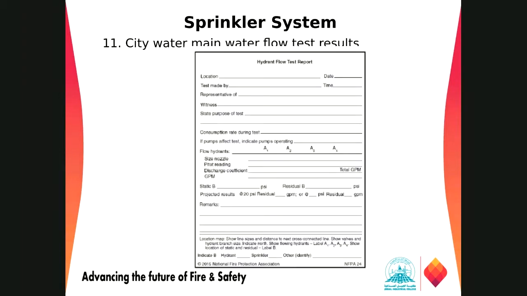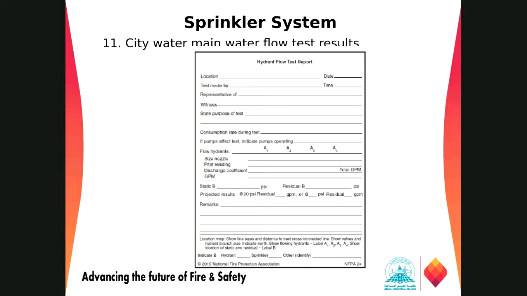And here we have flow test data from the city water supply. This is a typical hydrant flow test report from the National Fire Protection Association in NFPA 24. You can find that same graph in NFPA 24.